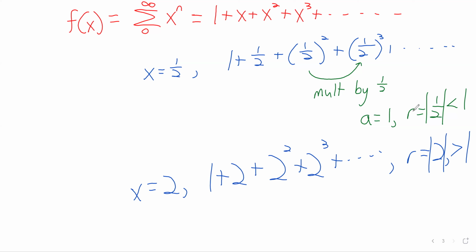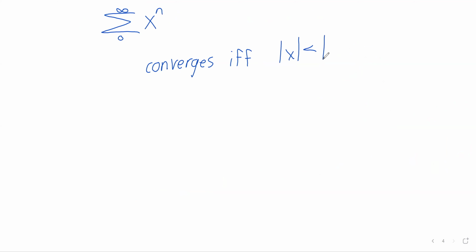So this converges if and only if the absolute value of x is less than 1, and we know what it converges to.